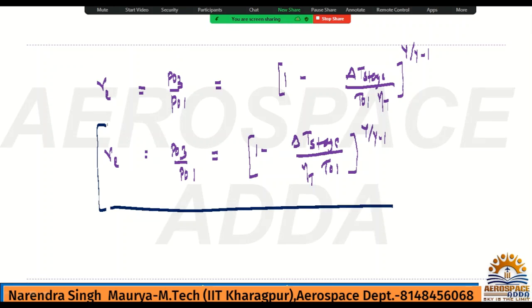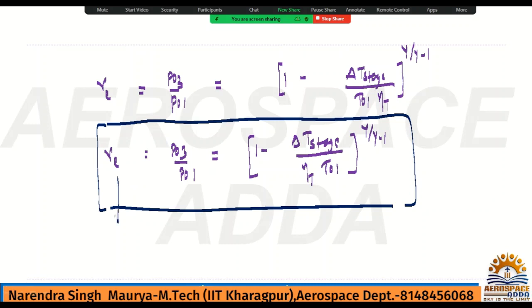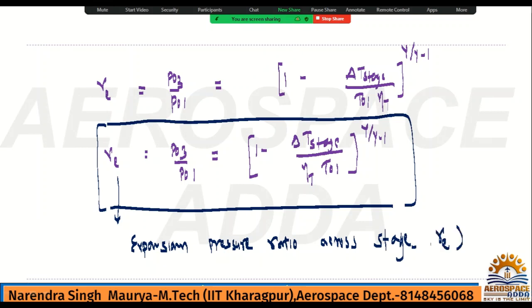In the compressor we had calculated RP, the compressor pressure ratio, and this is the expansion pressure ratio across the stage, that is RE. All right. Done.